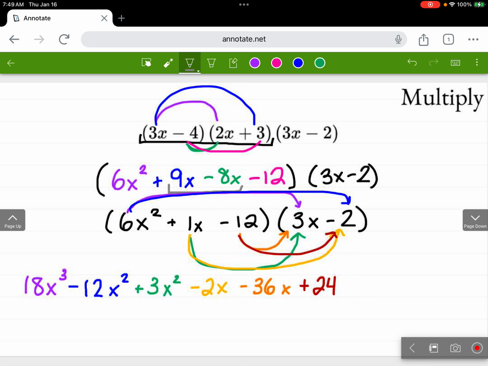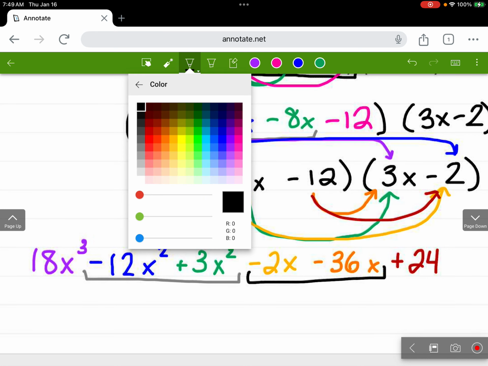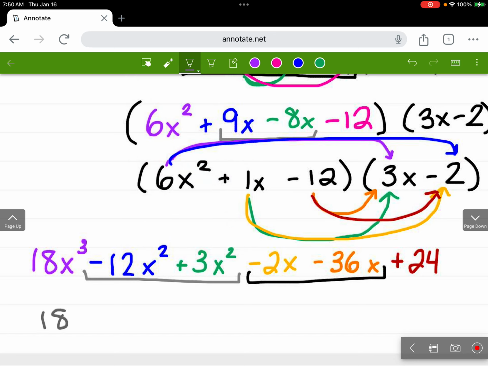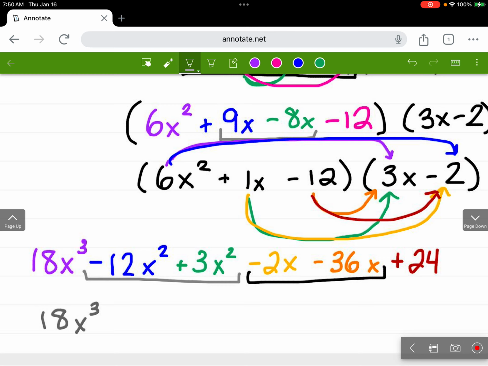Combine like terms. Mm-hmm. I have a set of like terms here with my x squareds and here with my x's. So when we're combining these together, we're going to get, let's use this color, our 18x cubed, our minus 12x squared plus 3x squared is going to give us what?